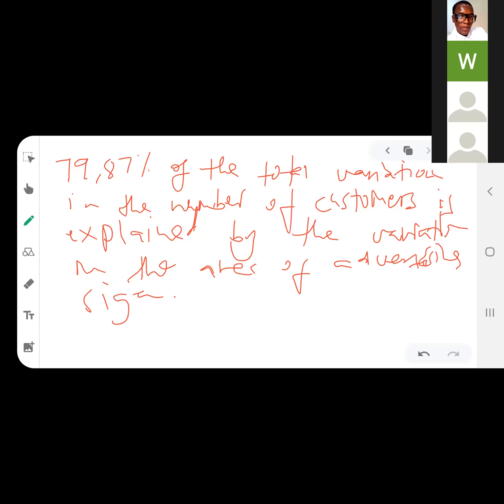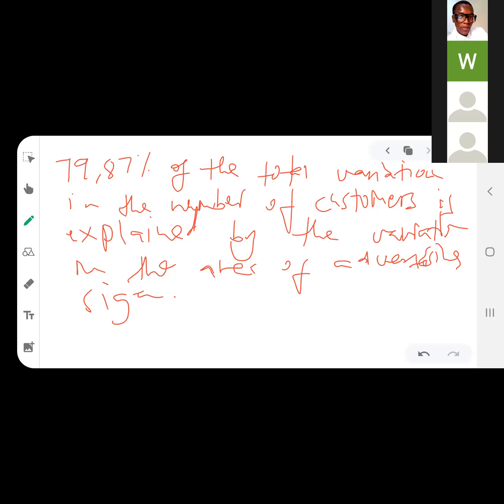So you just go to that definition, and where you see a portion or a percentage, you write that particular percentage which you got. Where you see dependent variable, you write the name of the dependent variable. Where you see the independent variable, you do likewise. Then that will be your interpretation.